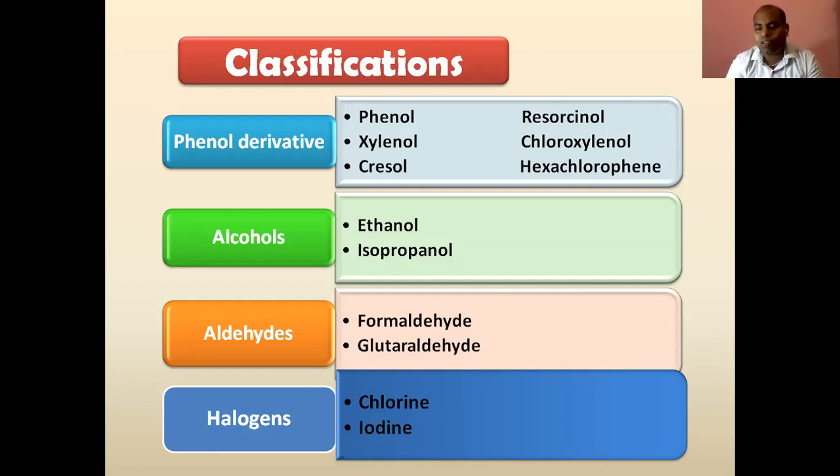Now the alcohols are very useful these days because they are mainly used as antiseptic in a lower concentration. Alcohols are much safer in terms of toxicity towards the surface tissues.